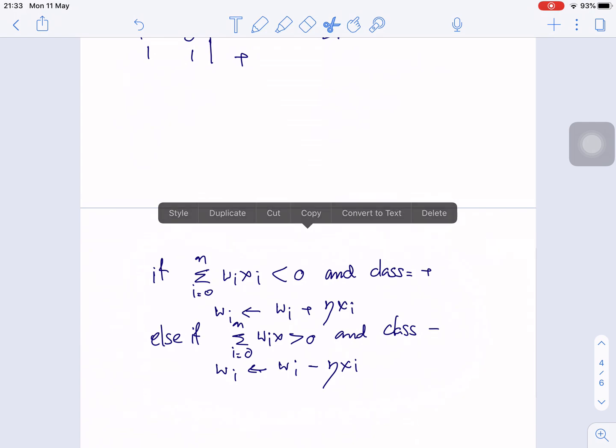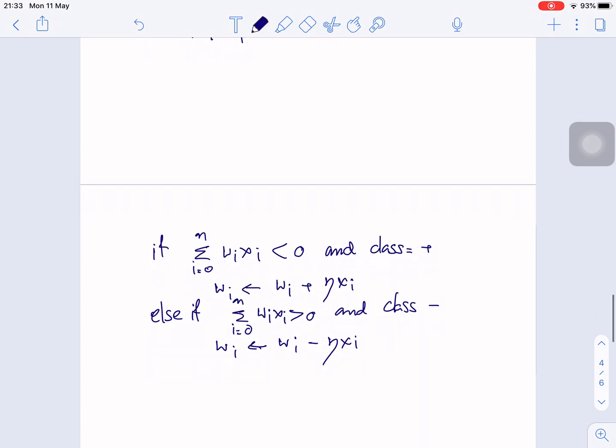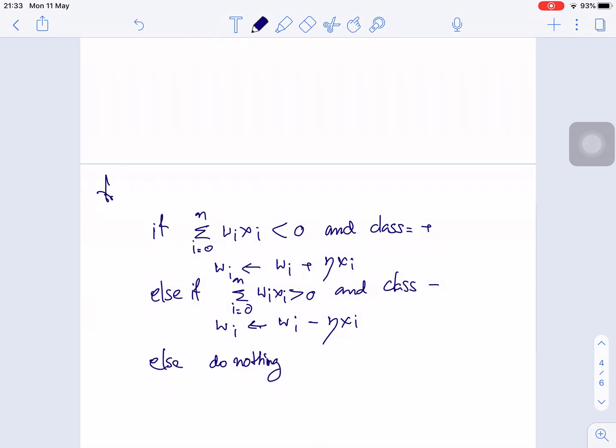Nothing to do, because in other cases, summation of Wixi is greater than 0 and class is positive, that is correct. Okay, else do nothing. This one is the training rules.